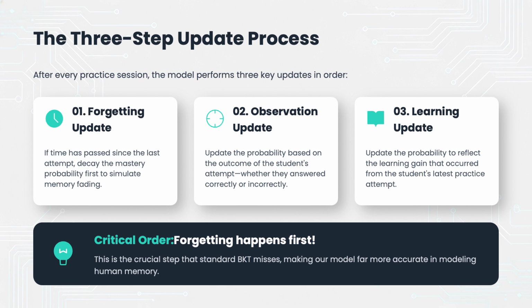Only then do we proceed with the standard 2 steps: the observation update, where we adjust the probability based on whether they got the question right or wrong, and finally, the learning update, where we account for the new knowledge they gained from the attempt. This order is critical. Forgetting is always the first step, which is a key improvement over the original BKT model.